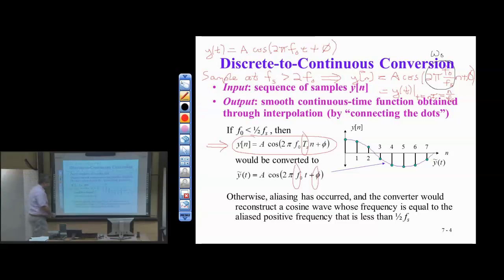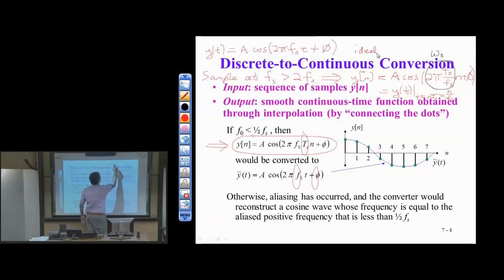Now, if this is our sampled signal, discrete time, and here I don't have quantization, but in principle the amplitude could be quantized, we'd like to have this converted back to the original cosine, if we could. In this case, we have a chance to do that because we started out with an ideal, two-sided signal.